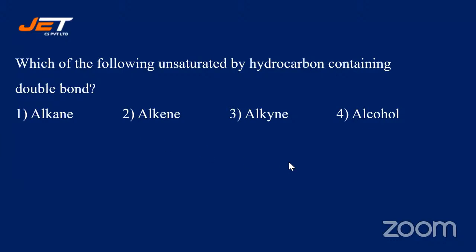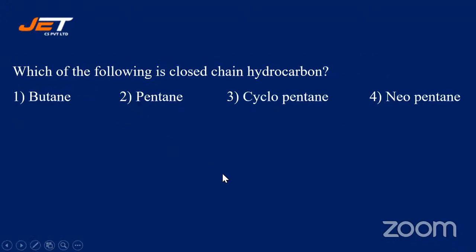Alkane is an example of saturated hydrocarbons. So only unsaturated, so we have to look in the remaining options: alkene and alkyne. Yes, it is alkene. Since it says double bond, it is alkene. Let us move to the next one.